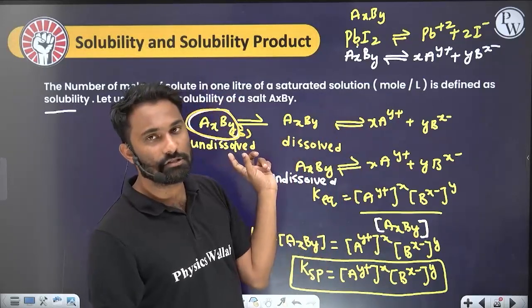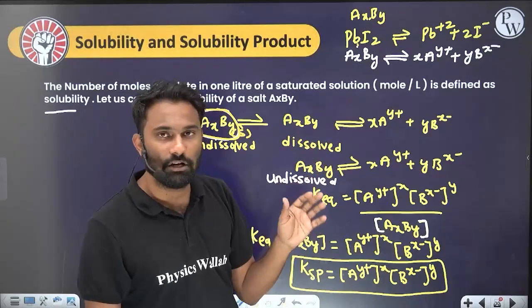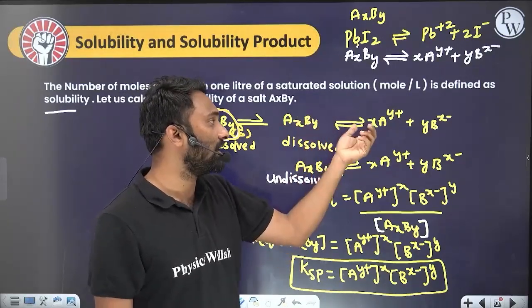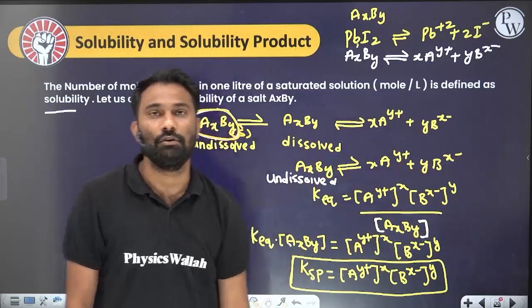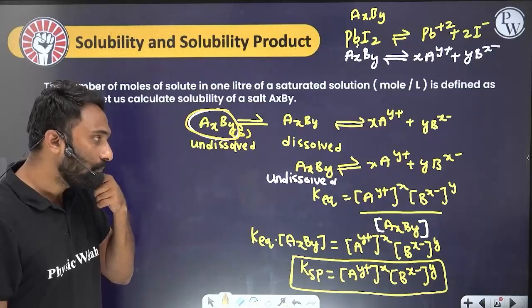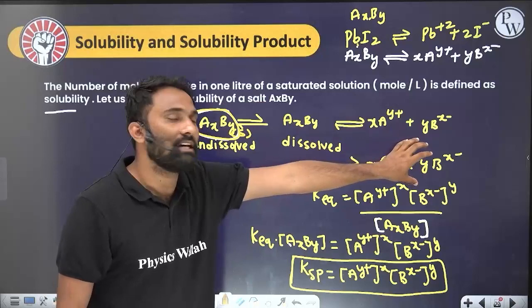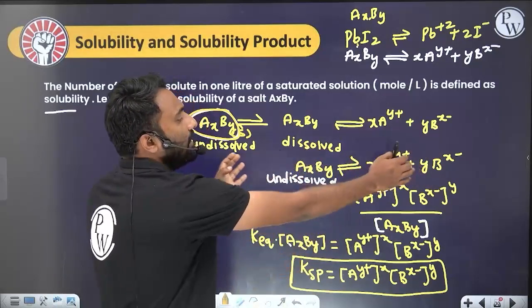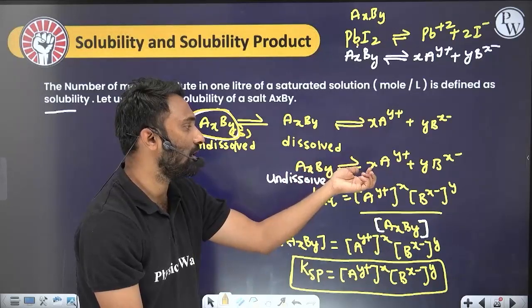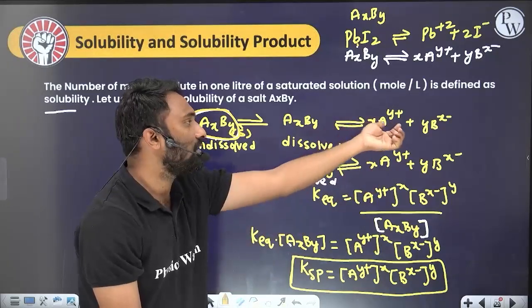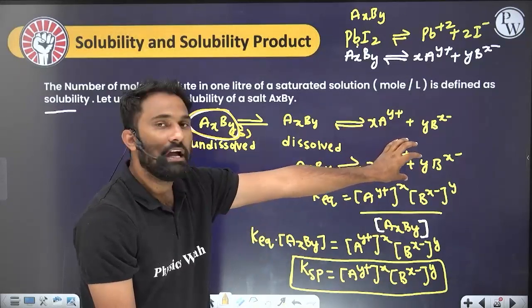Some undissolved salt has been converted into dissolved salt, and that dissolved salt has been converted into ions. After equilibrium, the undissolved salt and the ions are in equilibrium.